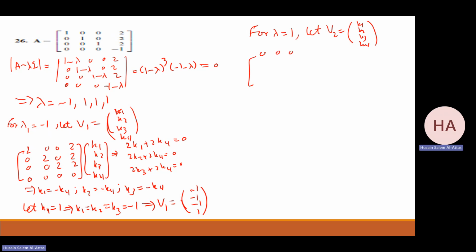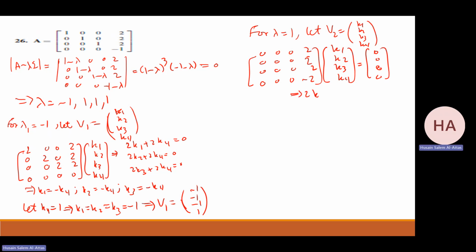I have 0, 0, 0, 2, 0, 0, 0, 2, 0, 0, 0, 2, then 0, 0, 0, minus 1, minus 1, minus 2 times K1, K2, K3, K4 equals 0, 0, 0, 0. So I have 2K4 equals 0, so K4 equals 0.